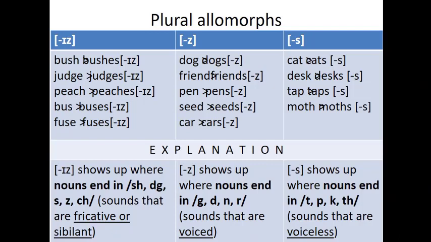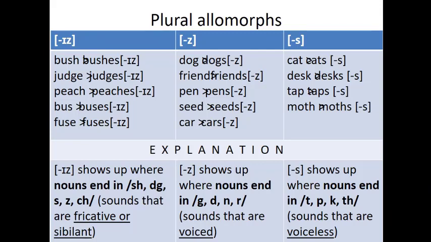Moths, no vibration. So if it's no vibration, a voiceless consonant sound at the end of the noun, then the plural would be pronounced as in desks, steps. It's not z or "-es". No, it's s as we know it. So those are the variations, and we need to explain why these things are happening.